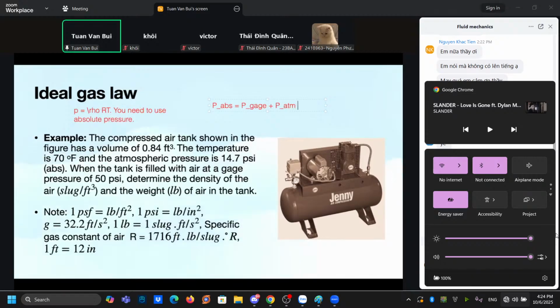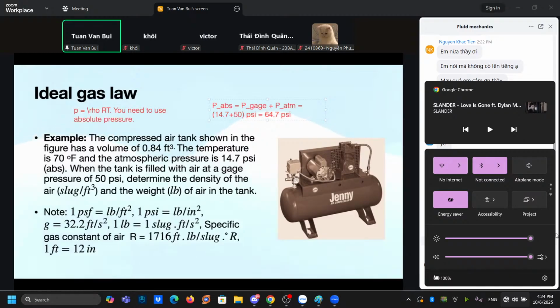So in this exercise, it is equal to 14.7 plus 50 psi. Okay? Or it is equal to 64.7 psi. But because we are looking for the result in the BG system, we need to convert to PSF.